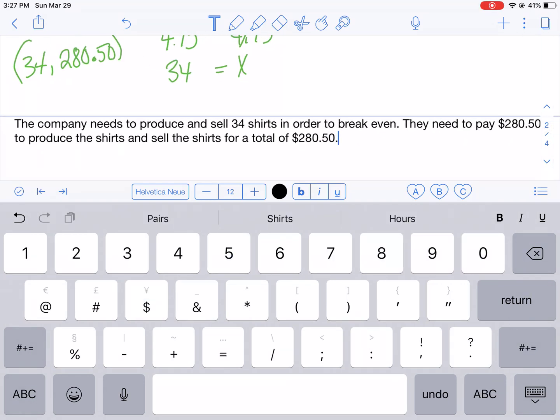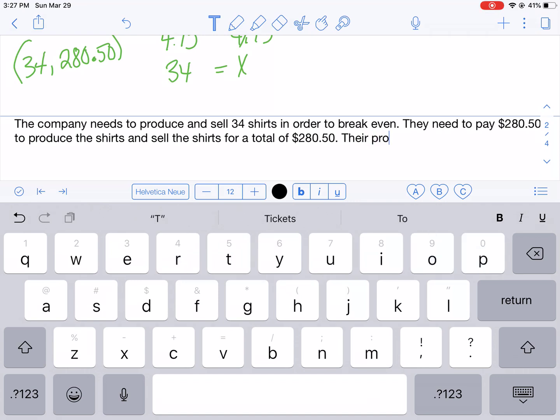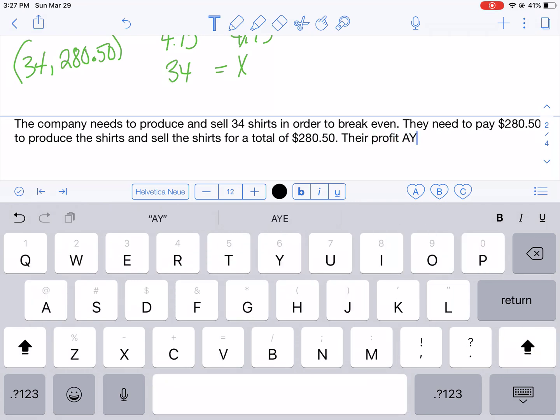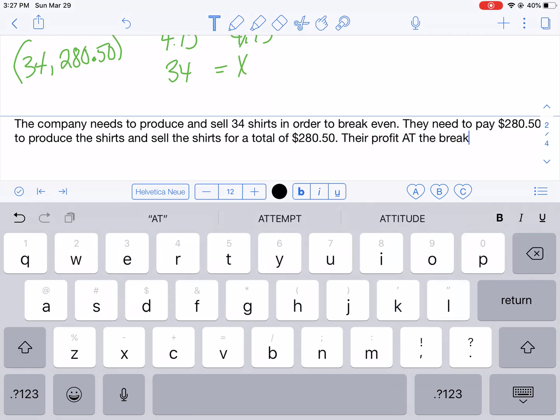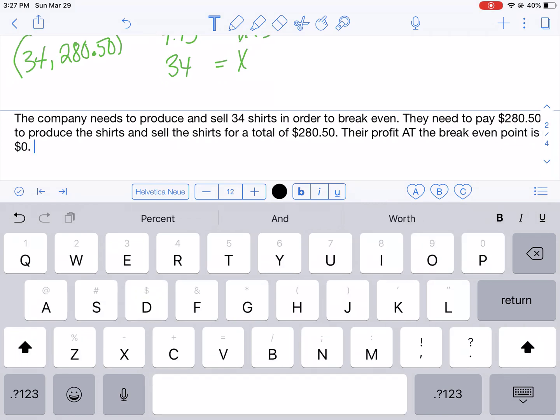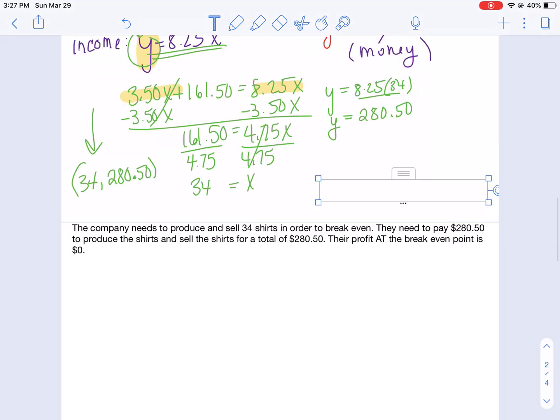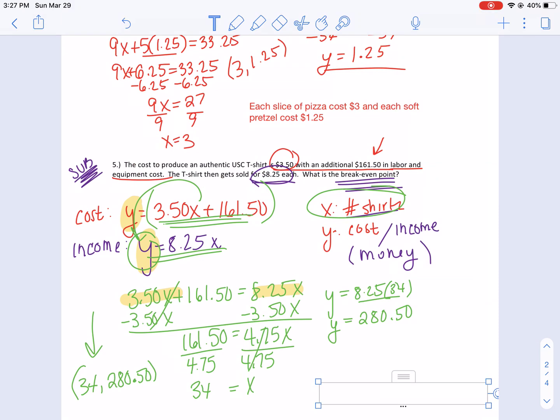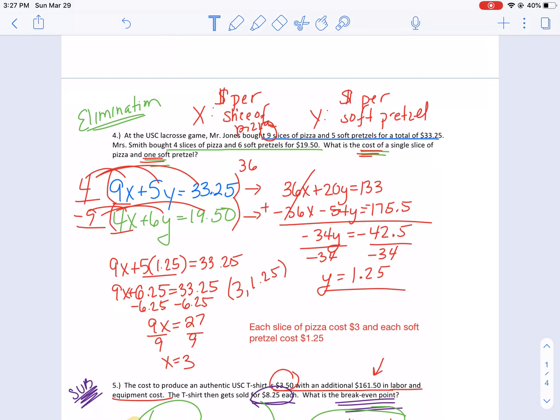All right, their profit at the break-even point is, I can hear you all say it, $0. So that's what that point means. Hopefully this worksheet helps you decide when you should use substitution, when you have a variable isolated, or when you should use elimination, meaning you have your two equations in standard form. All right, thanks for watching.